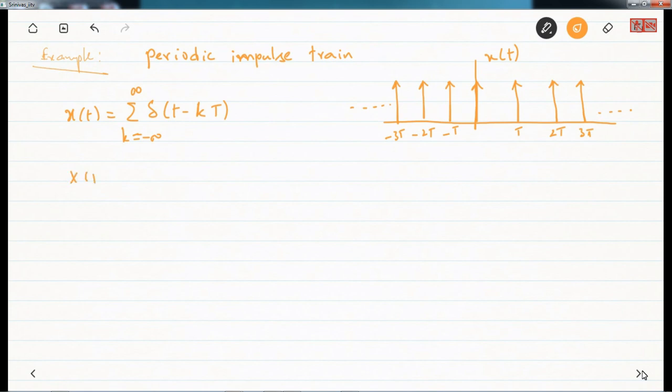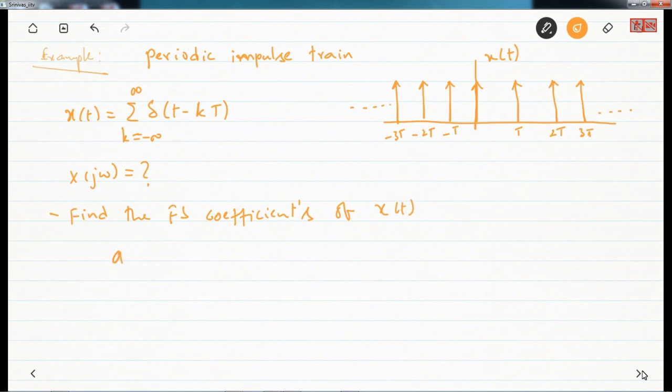Then what is its Fourier transform? Similarly, you can solve this. First, find the Fourier series coefficients of x of t.